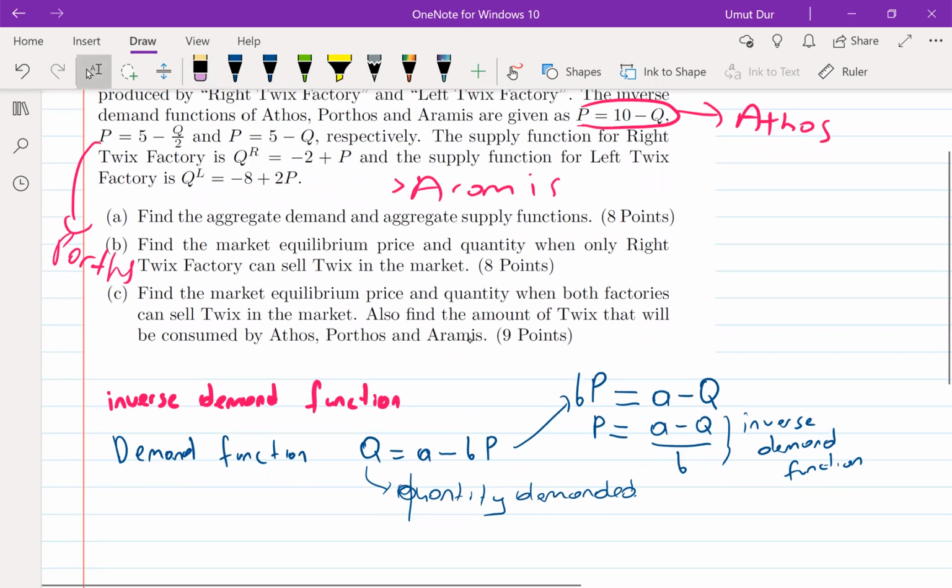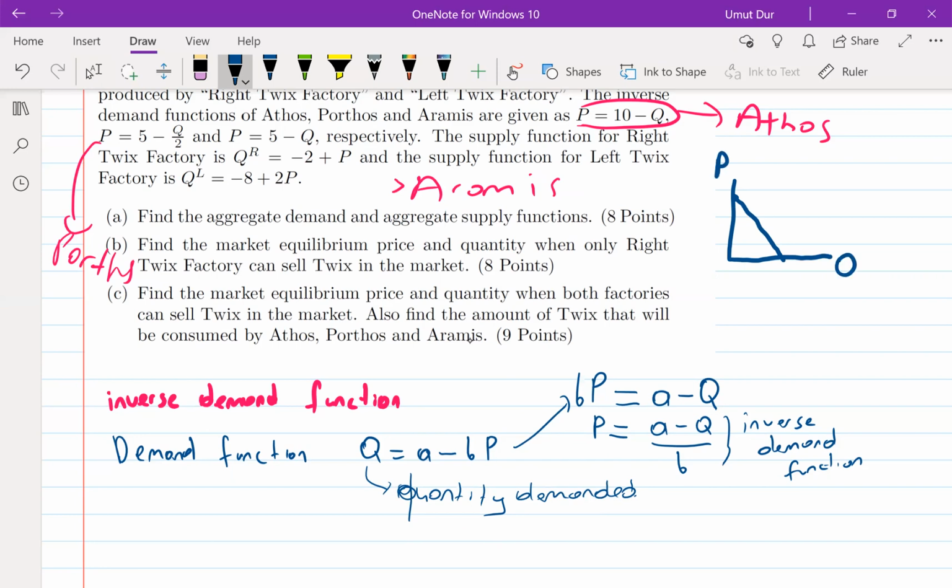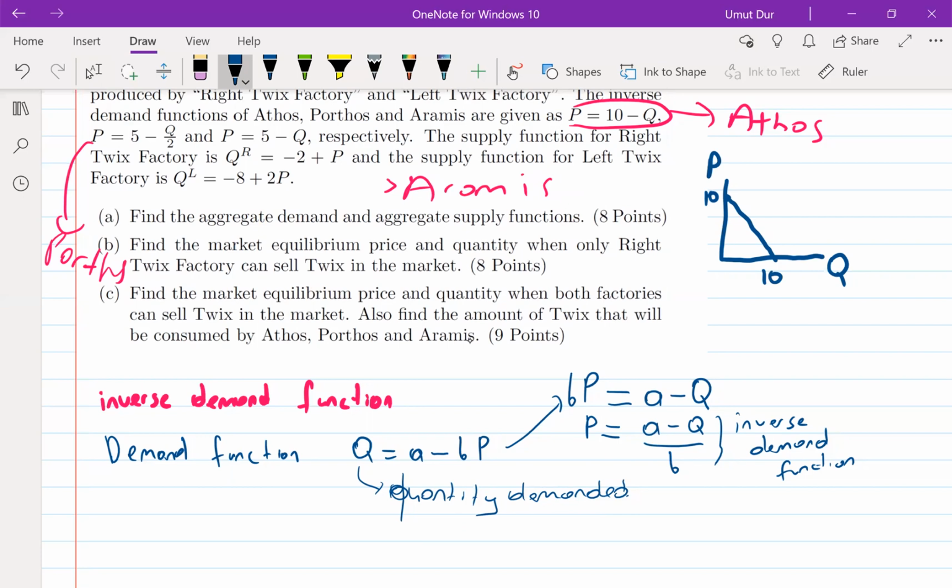So basically, this is independent from the question here. Suppose that we have 2 different individuals. The first one, the demand function is like this. This part is price, this is quantity, this is 10, and this is 10. Let's say this is Adam.